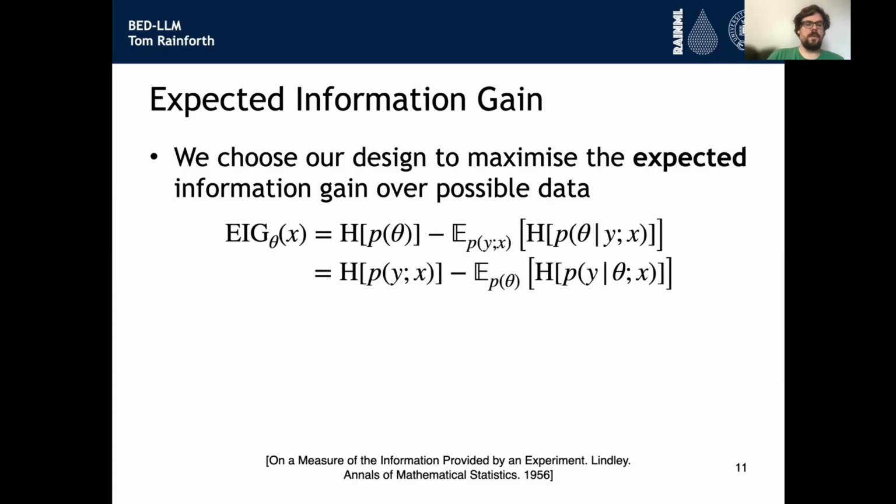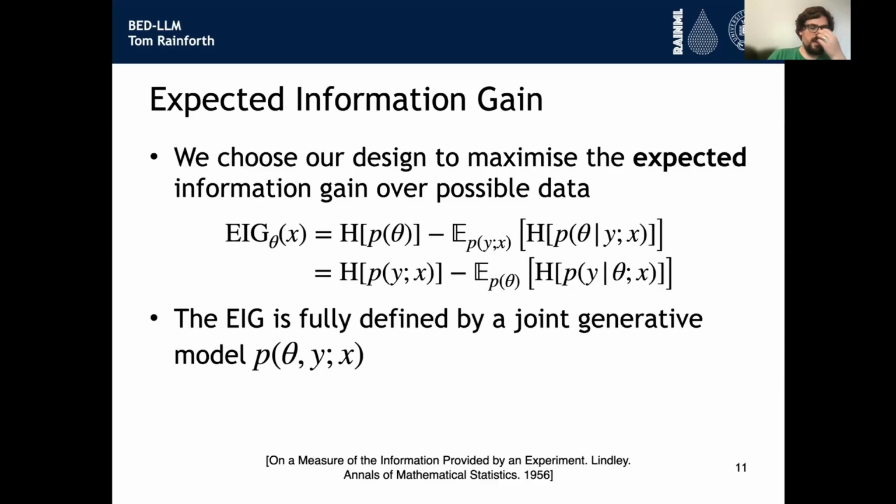We can also rewrite this if we want, because it's a mutual information. So we can think about this as the mutual information between what we're learning about theta and these responses y. Equivalently, it's the entropy of the marginal predictive on y, essentially our prior predictive entropy, minus the expectation over the true theta of the entropy of the likelihood. And what's really important to appreciate about this is that it's now something that's fully defined by a joint generative model.